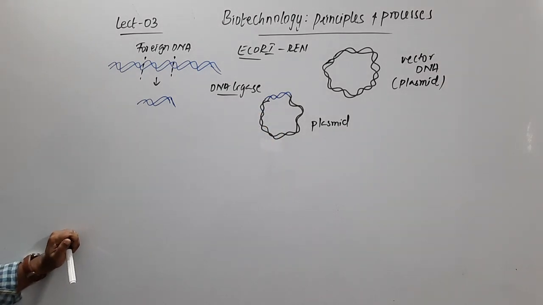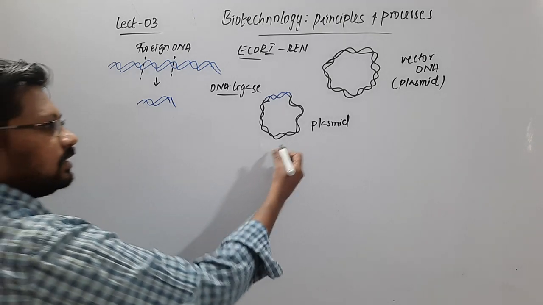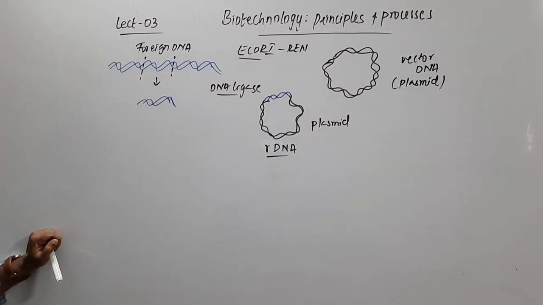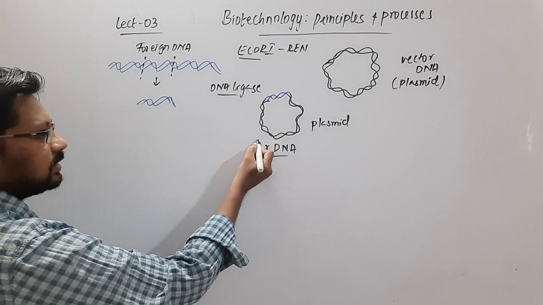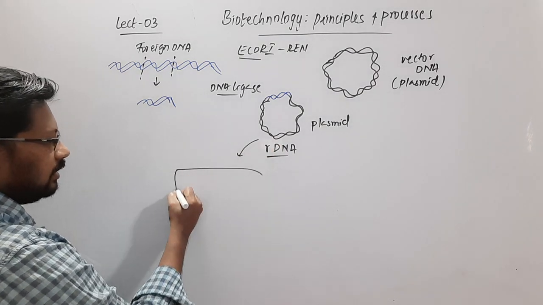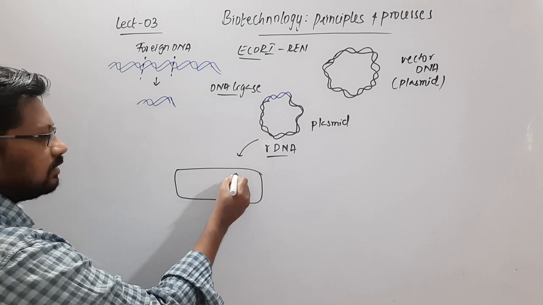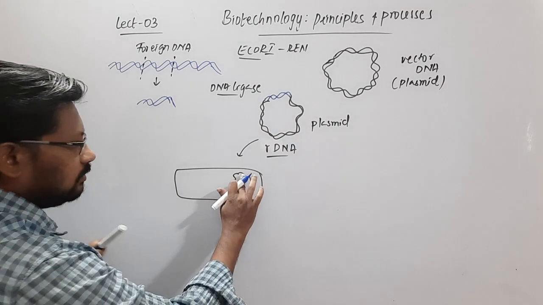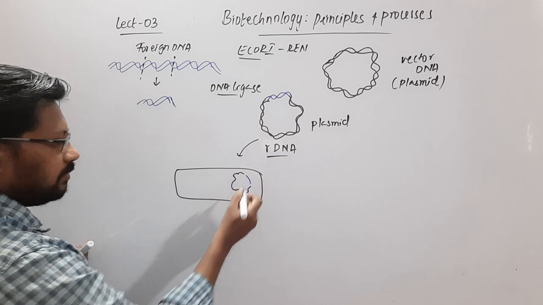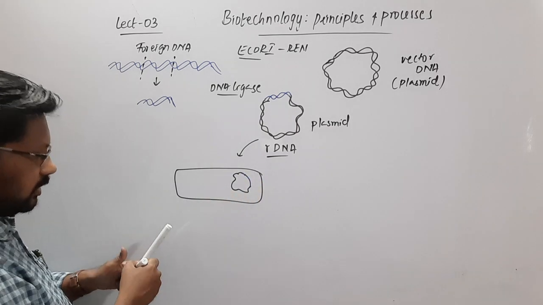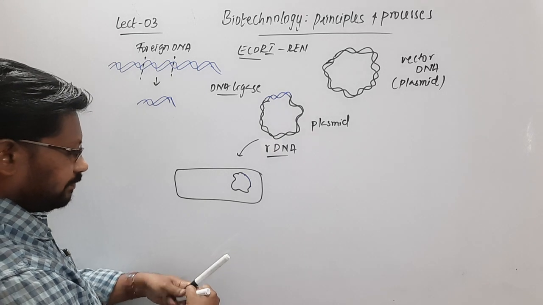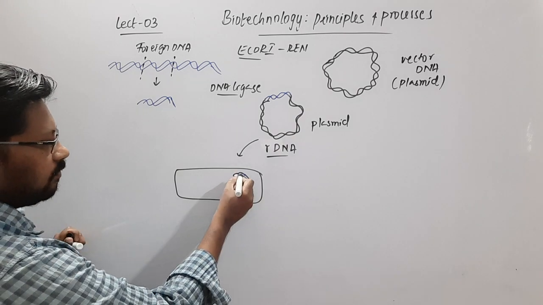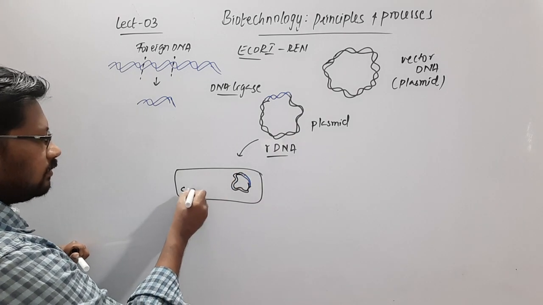And that's what becomes the rDNA. Now I need to put this rDNA into the bacterium. So I'll be introducing it into the bacterium, and this introduction into the bacterium is what we call transformation.